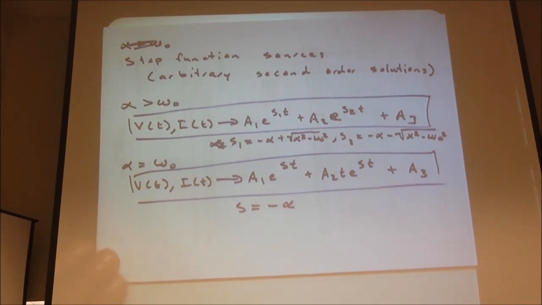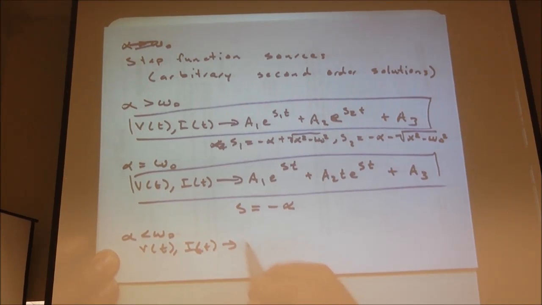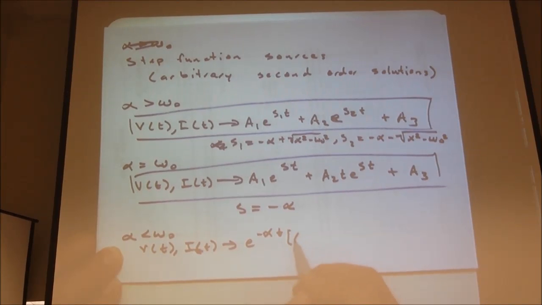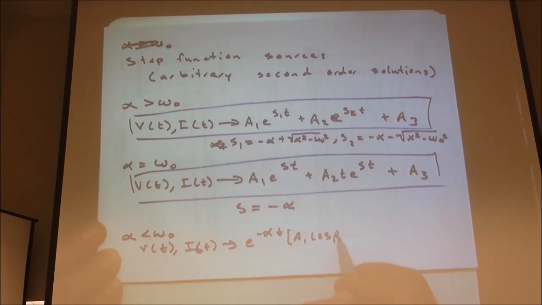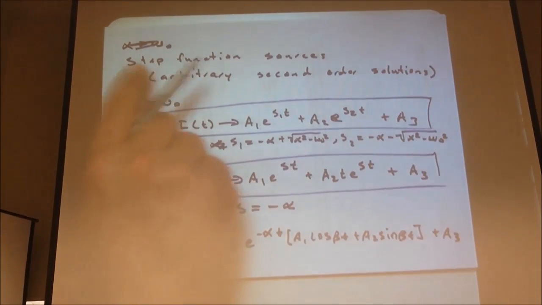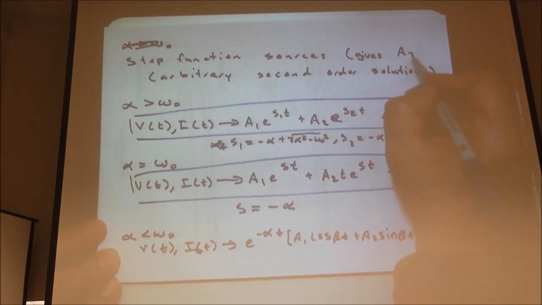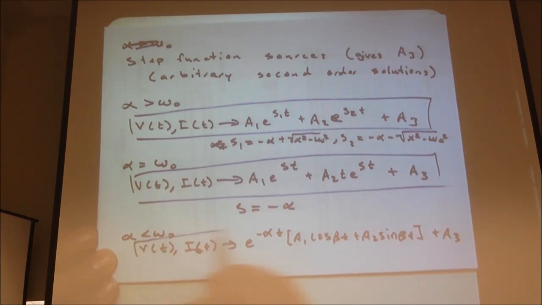And then finally, alpha less than omega naught: v of t, comma, i of t goes to e to the minus alpha t, times A1 cosine beta t plus A2 sine beta t, plus an A3. And again, A3 is from our step function sources. And again, that's possible.